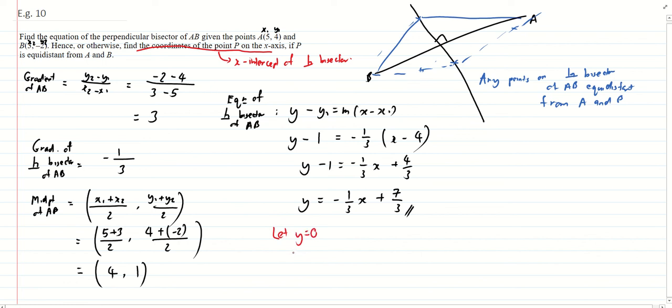I have 0 equals negative 1 over 3 x plus 7 over 3. 1 over 3 x equals 7 over 3. x equals 3. Sorry, x equals 7. Sorry about that. Now, answer the question. The question asks you for coordinates. So point P is given by (7, 0). Alright, so again, keep it simple.